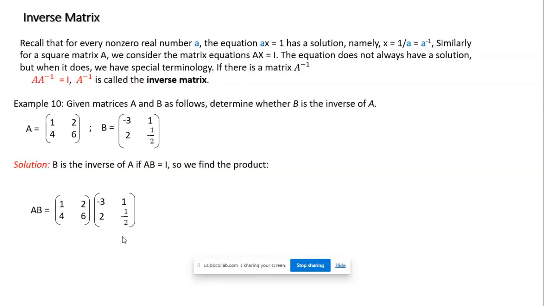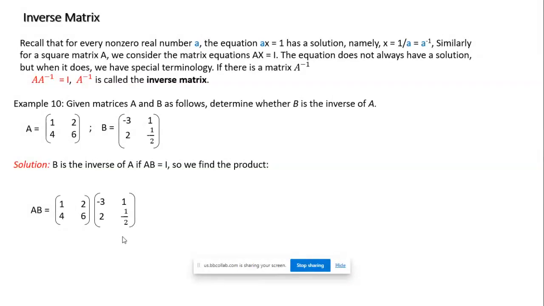Now what we want to do is look at an inverse matrix. This is our last topic. Recall that for every non-zero value A, we have an inverse. Hopefully we all know what an inverse is. It's like the opposite, right?